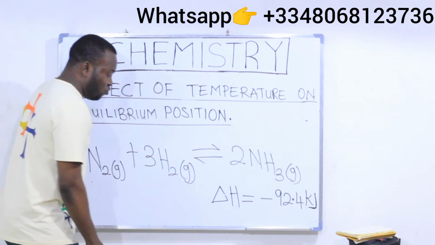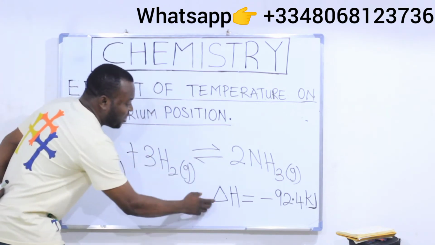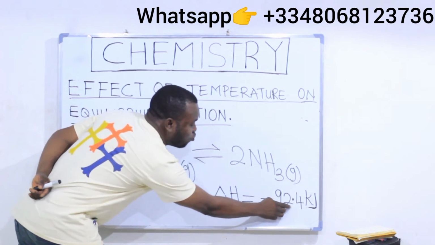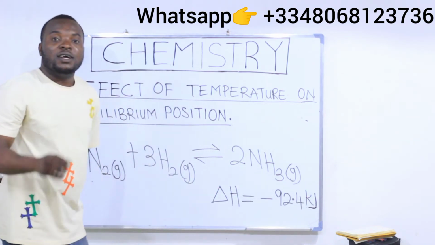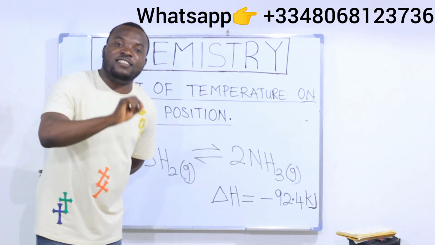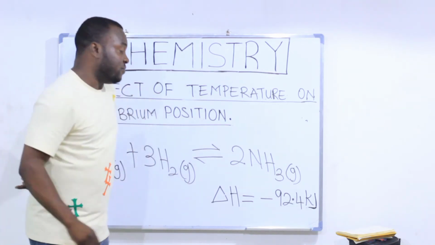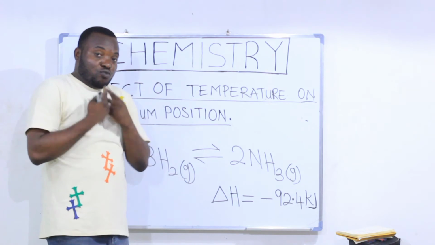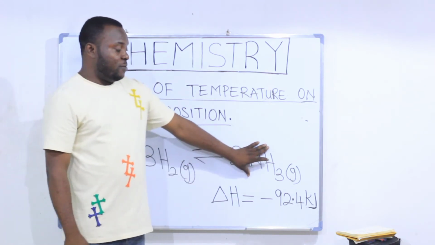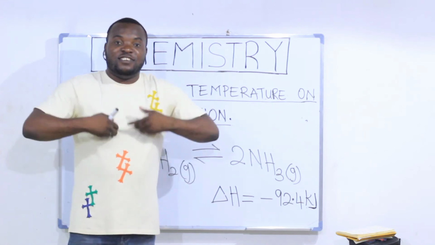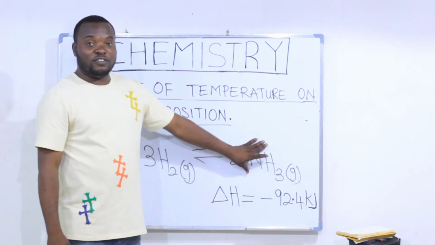Now let's get to work. From the enthalpy change given to us, we can see the value is minus 92.4 kilojoule. It simply means that the enthalpy change is a negative value. When the enthalpy change is negative, make this assumption within you, as I said. Tell yourself that the product is in a hot state. It is generating heat.